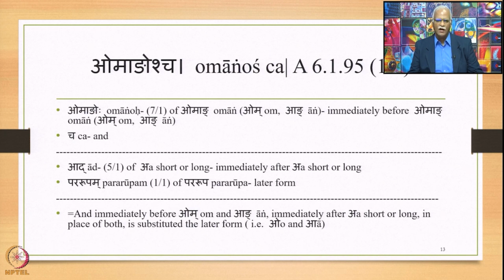Words continued are Ad 5/1 of a short or long, and so At means immediately after a short or long. Pararupam 1/1 of Pararupa, that is latter form. So the sutra means and immediately before Om and Ang, immediately after a short or long, in place of both a and o and a is substituted the latter form, in this case o as well as a.